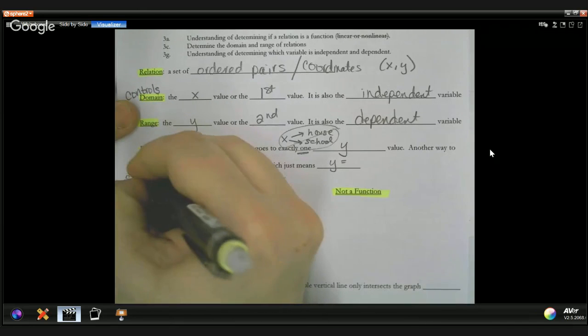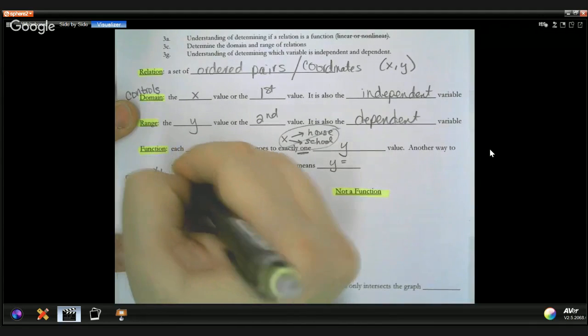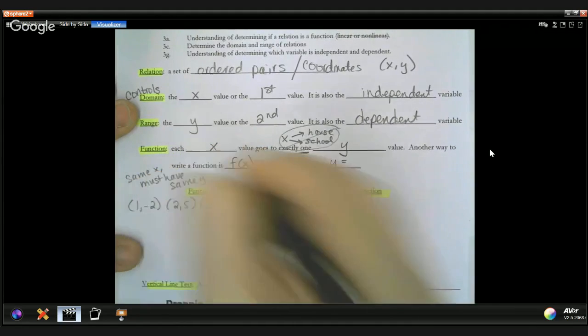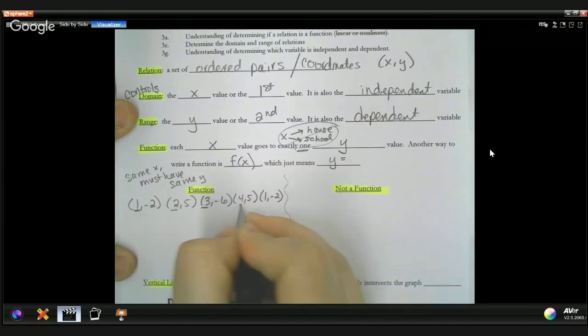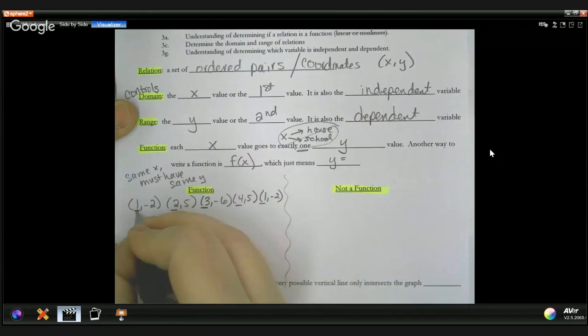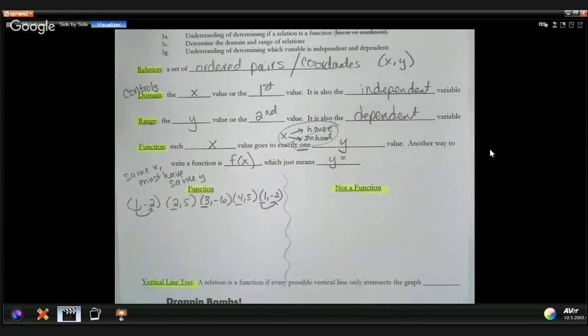Same x must have same y. So I look at my x's. Oh, and I have the same x. So when I have the same x, I look to see what it's paired with. And if you notice, both of those x's are going to -2. They're going to the same place. And so since they go to the same place, that one works. It's a function.